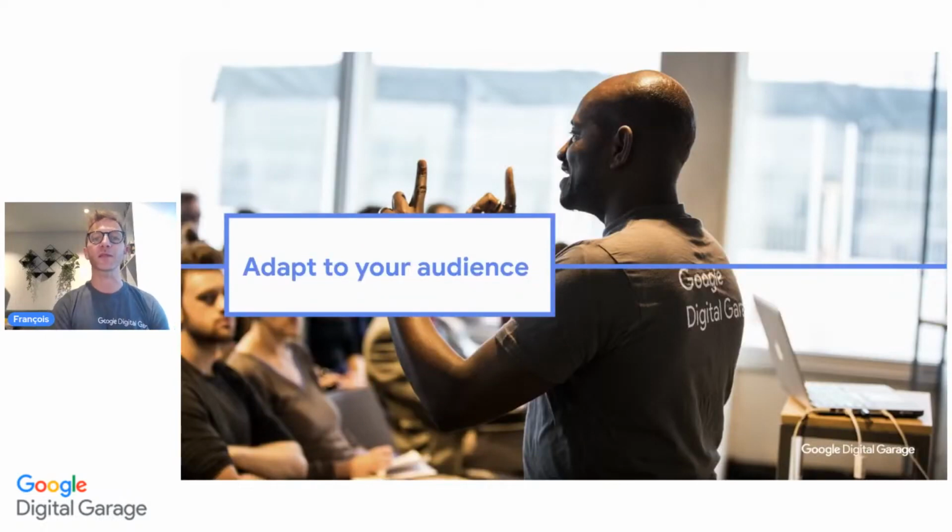So it does mean that we, as the speaker, may have to adapt to our audience. And adapting to an audience may be really hard if we don't know this audience. And of course, you may tell me, well, but I'm just sitting in a room and I'm watching a presentation. The presenter is never going to know who I am.